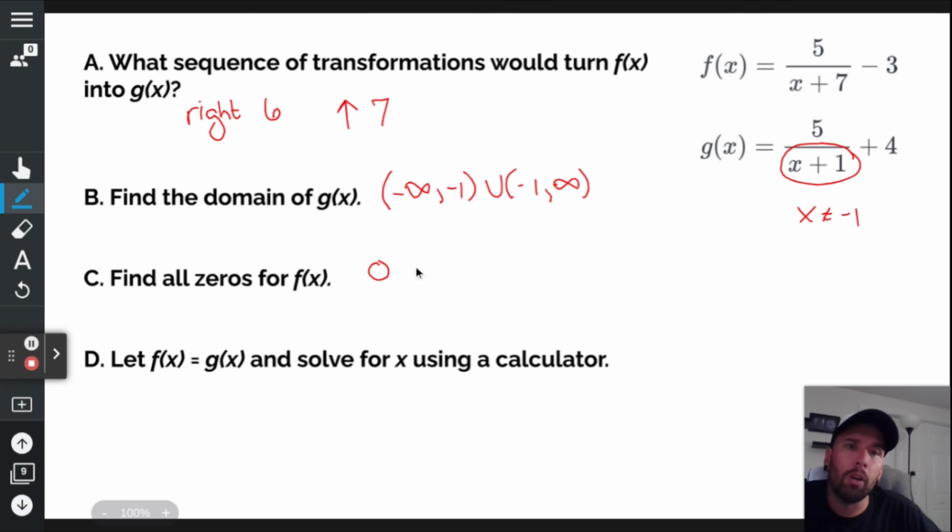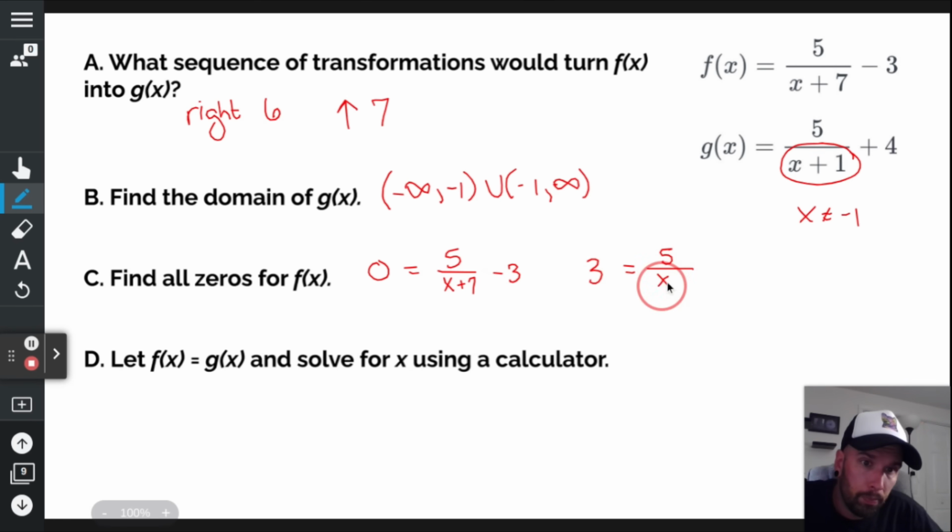Let's say 0 equals 5 over x plus 7, minus 3. If I add 3 to both sides, I now have this.